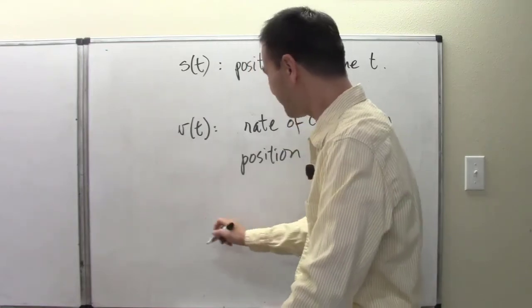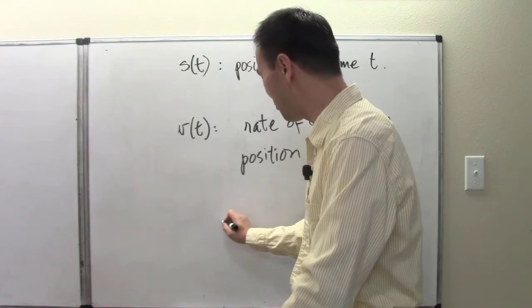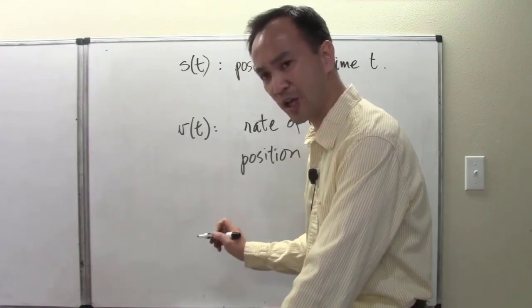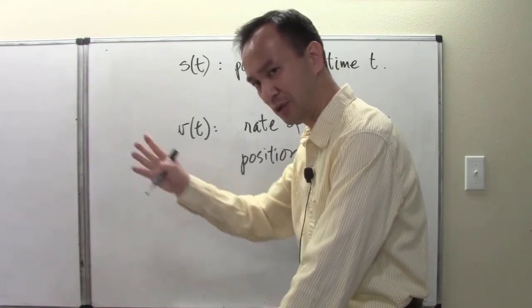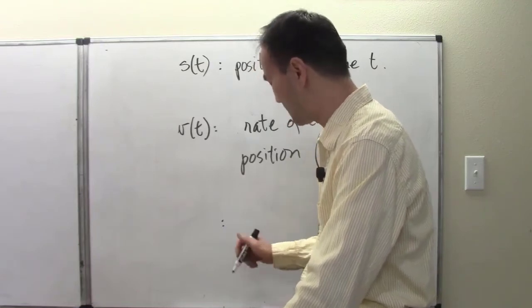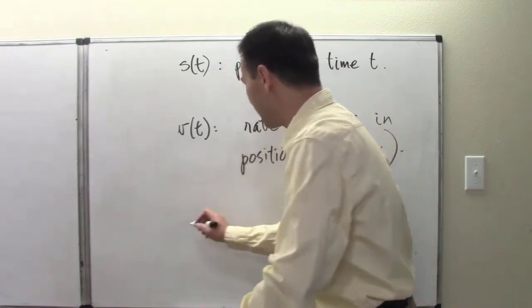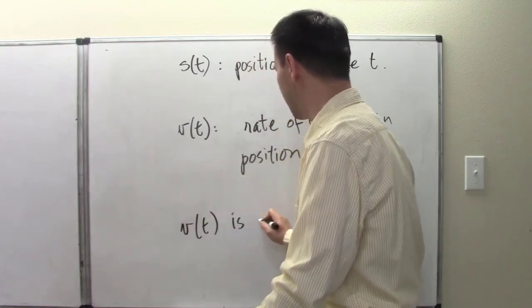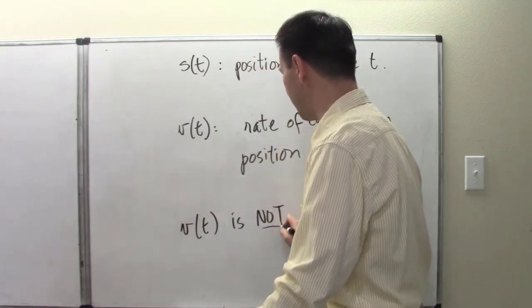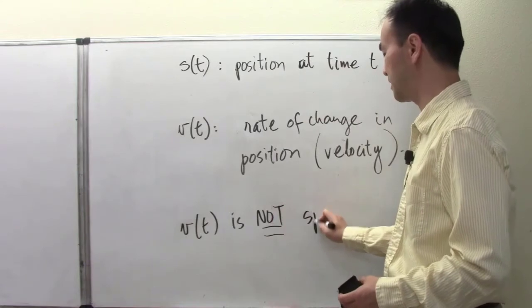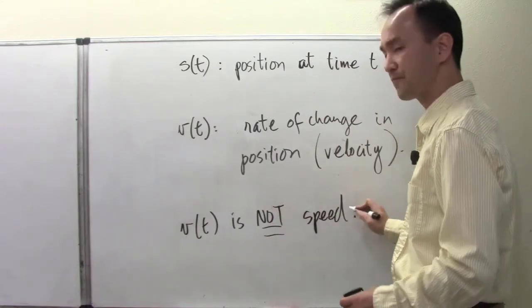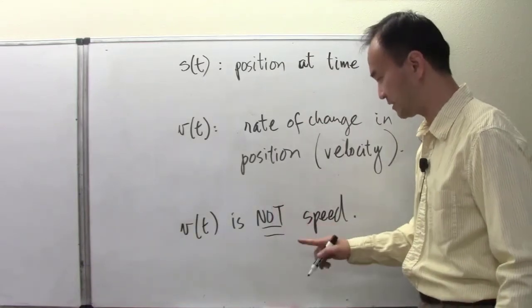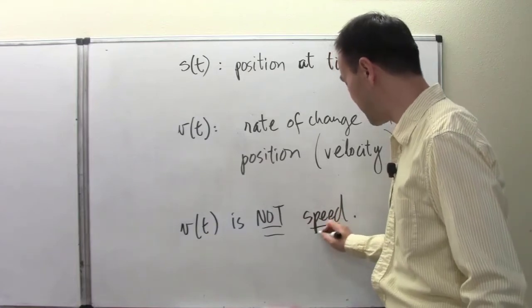Now when we are studying math and calculus, especially as you're driving your way into taking a course in physics, velocity is not quite speed. It's more than just speed. Velocity is not simply speed.